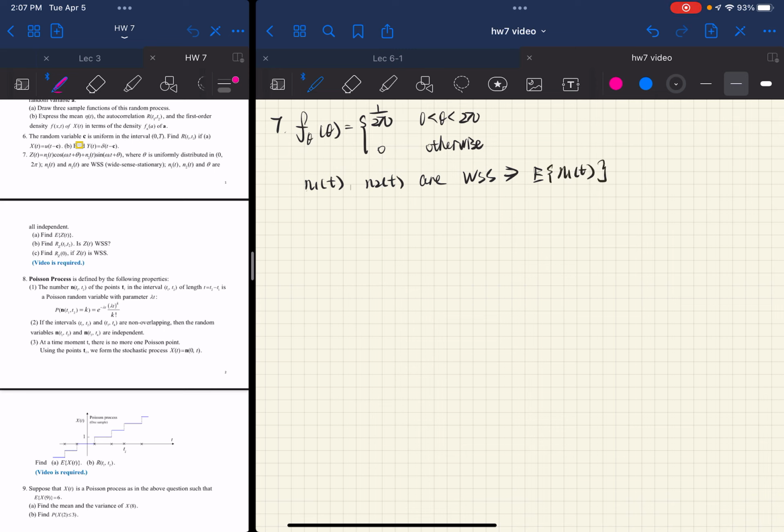So we have the expectation of n1(t) is constant, and similarly the expectation of n2(t) is also constant. We also have the expectation of n1(t) times n1(t plus tau) equals R(tau), which is a function of tau, and similarly for n2.